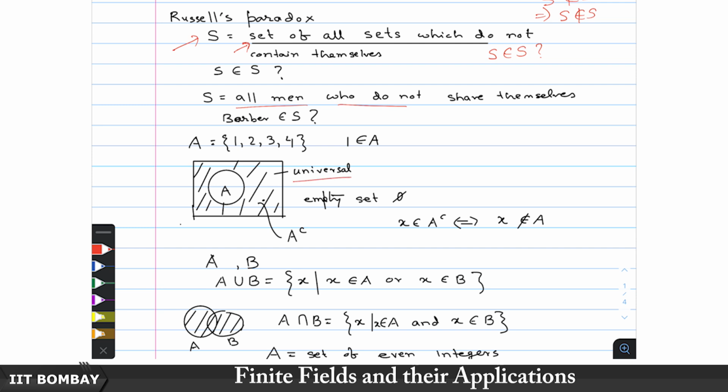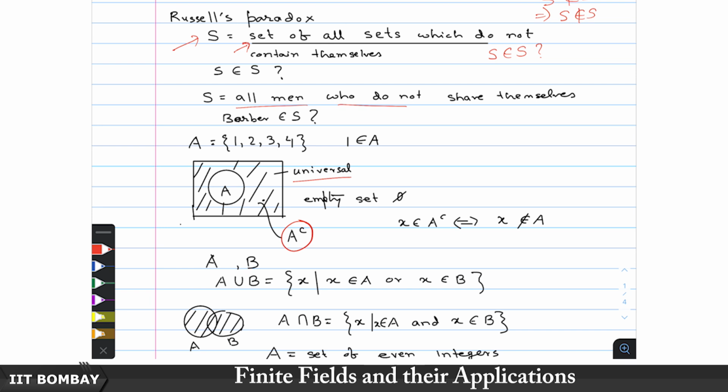So, that is the universal set, and then all other sets defined in the context will be subsets of that universal set. And given a set A, its complement is defined as the set of all elements which are in the universal set, but not in A.